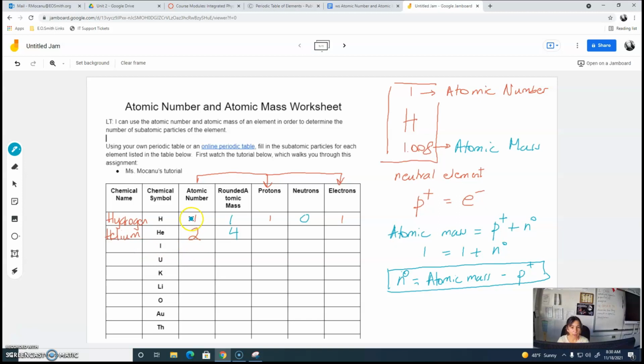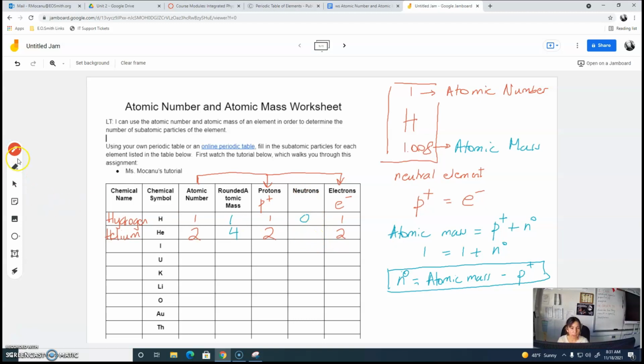Now that I know the atomic number, I know that the atomic number automatically tells me the number of protons in that element. So the number of protons must be the same as my atomic number. They must be 2. That also will tell me the number of electrons in my element, so I also have number of electrons 2, because this is a neutral element, meaning that protons and electrons must be equal.